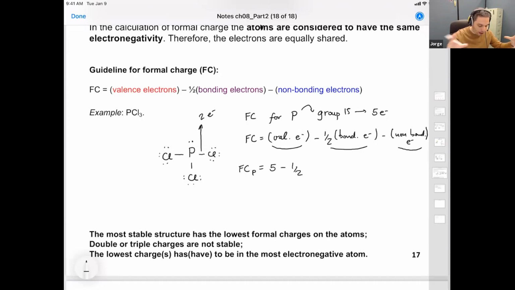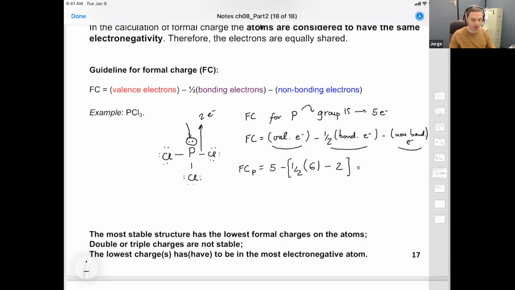Let's see how many bonding electrons phosphorus has in this structure. 2, 4, and 6. So half of 6 minus the number of non-bonding electrons, if there are any. In this case, phosphorus has 2 non-bonding electrons. Therefore, we are going to subtract 2 here.